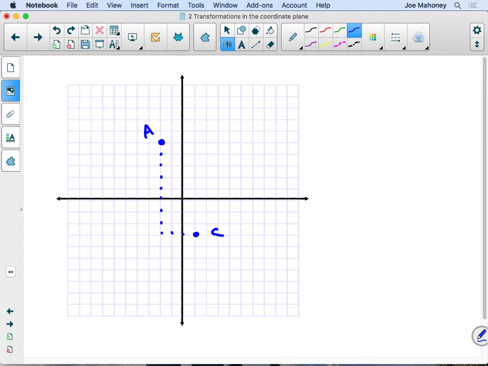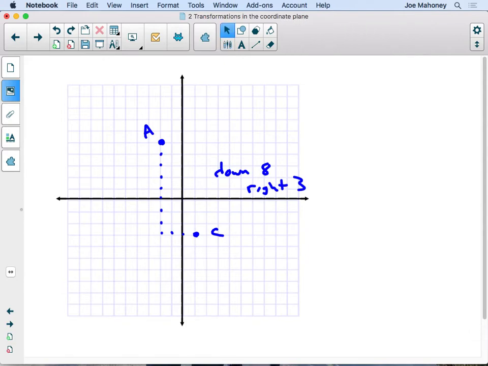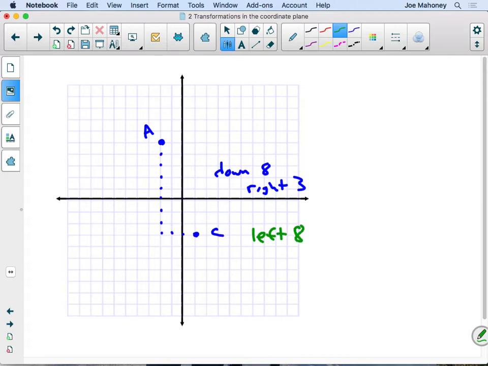Instead of going down 8 and then right 3, I'm going to go the other way. So maybe I'm going to go left 8. Instead of going up or down, I'm going to go left or right 8. So let's go 1, 2, 3, 4, 5, 6, 7, 8. And then let's go down 3. 1, 2, 3.